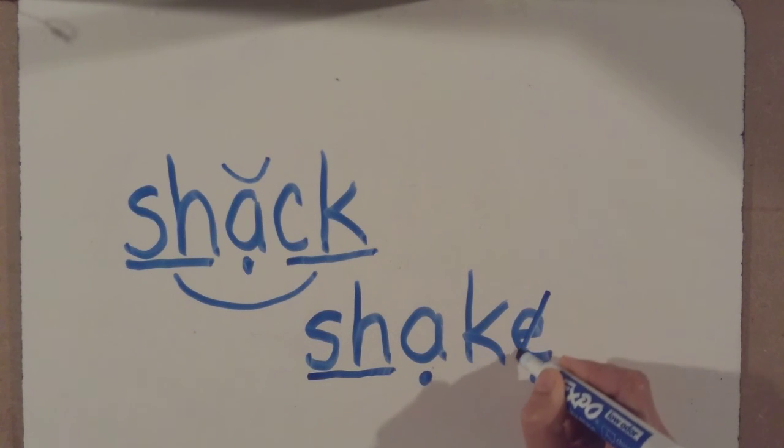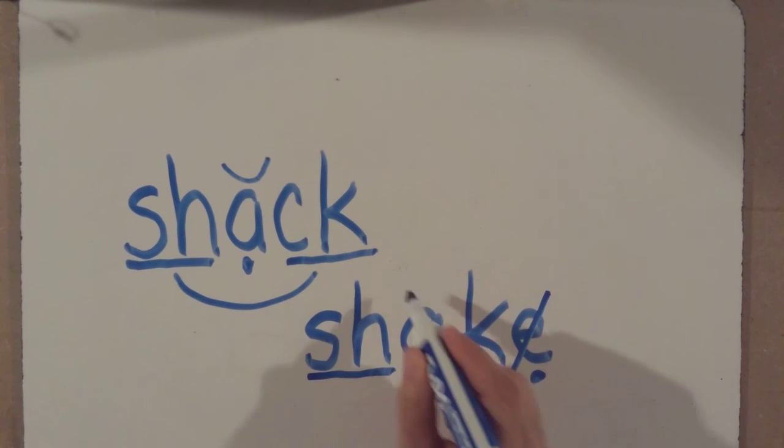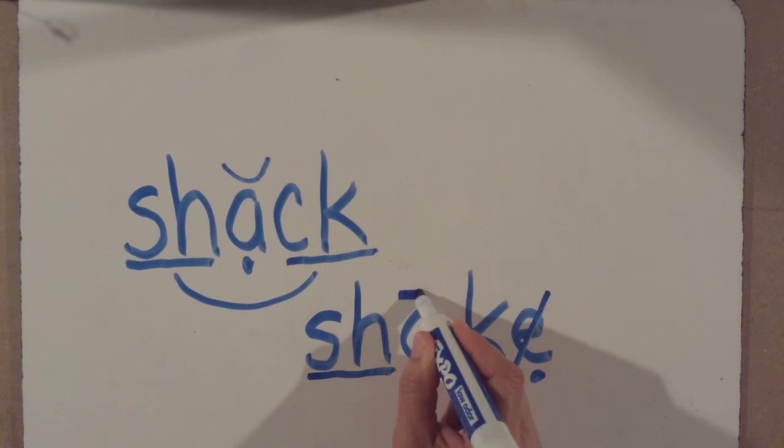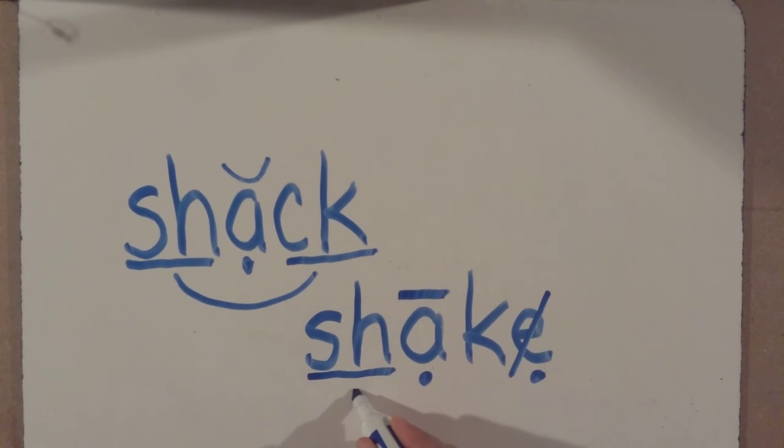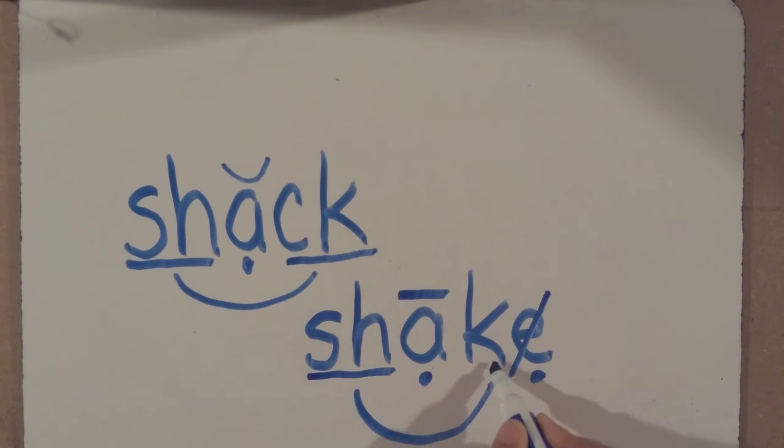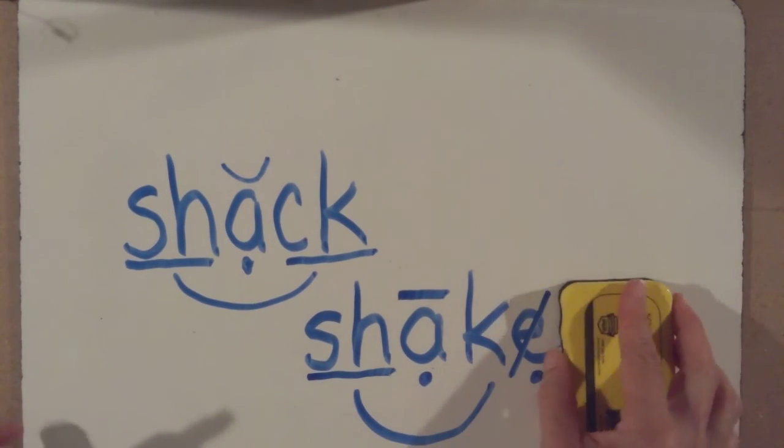E doesn't get to say his name. He's just there to make sure A says her name. And so we have one syllable and we touch our sounds. Sh, ache, shake. Thank you, E, for opening the door so A could say her name. Sh, ache, shake. You can do a little shake, or you could drink a milkshake.